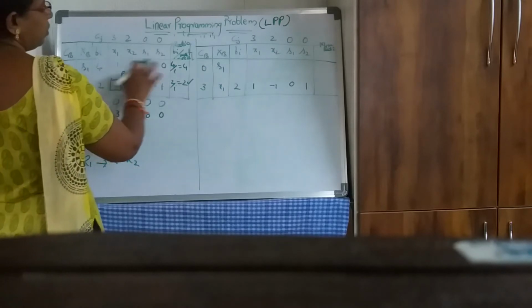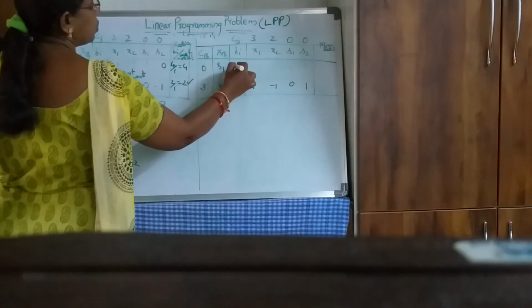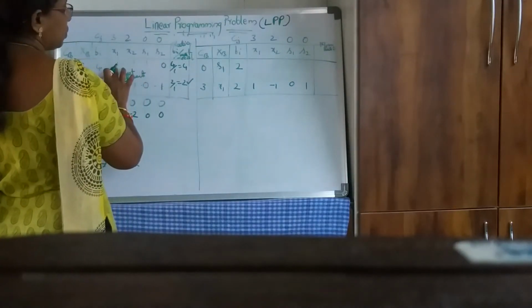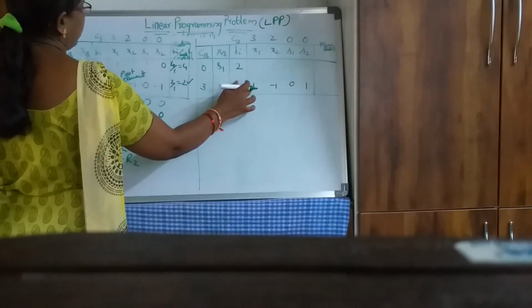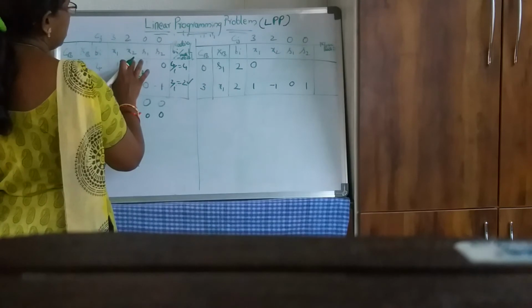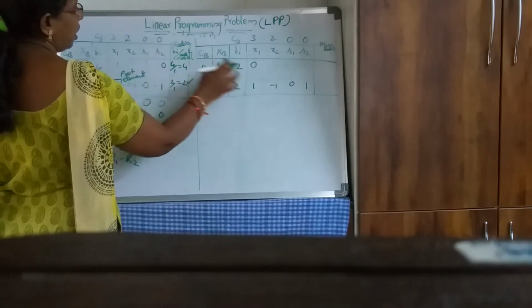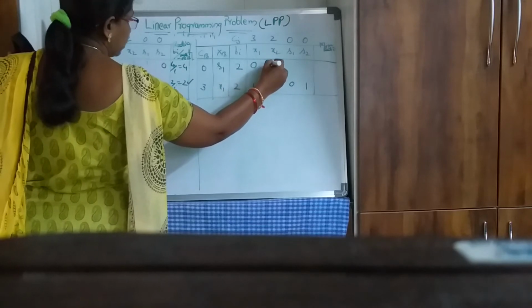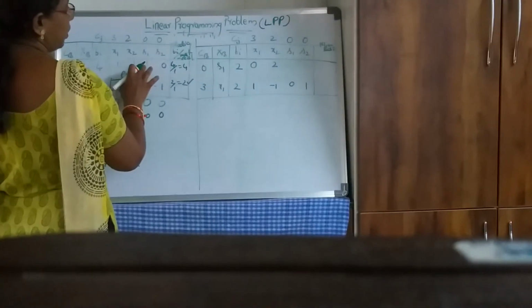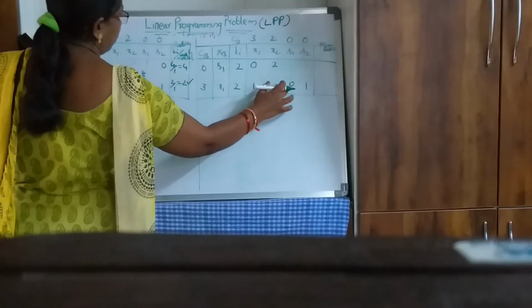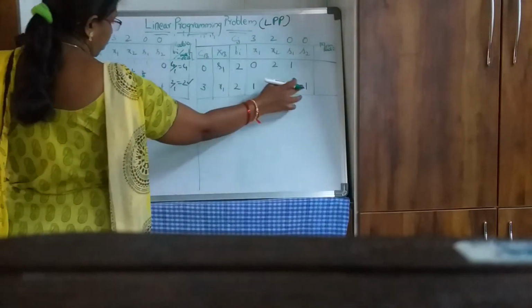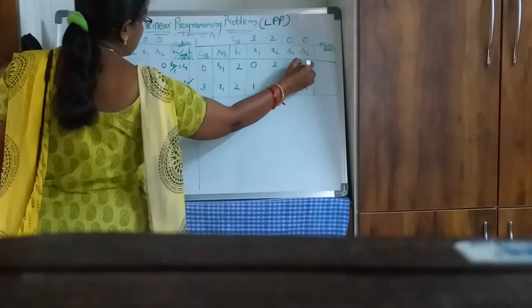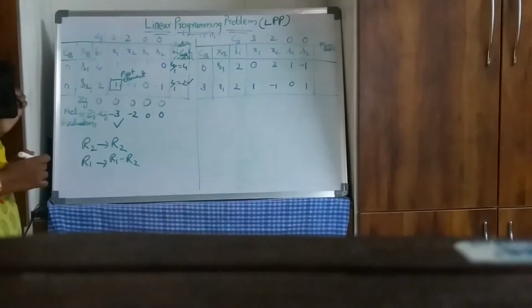R1 is 4, R2 is 2, 4 minus 2, 2. R1 is 1, R2 is 1, 1 minus 1, 0. R1 is 1, R2 is minus 1, so 1 minus of minus 1 will be 2. R1 is 1, R2 is 0, 1 minus 0, 1. R1 is 0, R2 is 1, so 0 minus 1, minus 1.